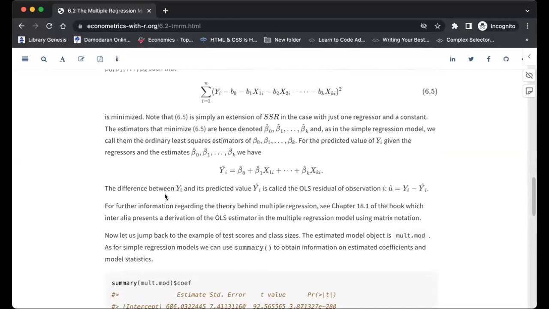The difference between yi and the predicted y is called the OLS residual of observation i, which is ui equals yi minus yi hat.